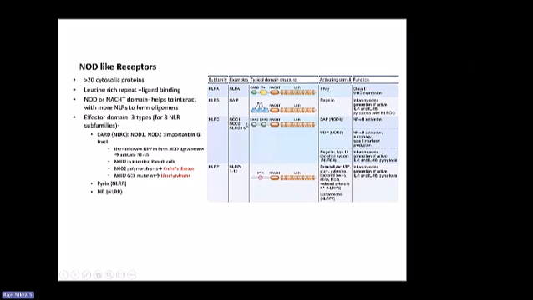But then there are others like CARD, BIR, or pyrin domains. We talked about these here. The pyrin domain is the one that forms inflammasome and ends up in release of IL-1 or IL-18, and that leads to fever. So if there is a gain of function variant in the pyrin domain, it can lead to periodic fevers.